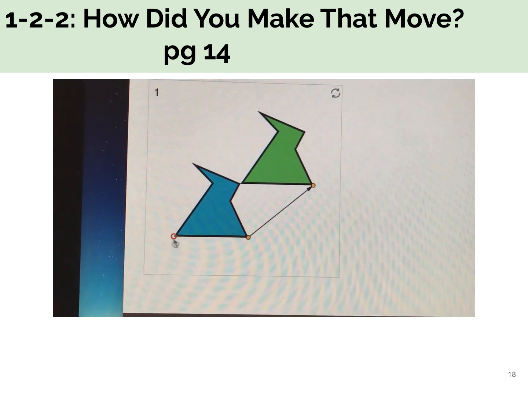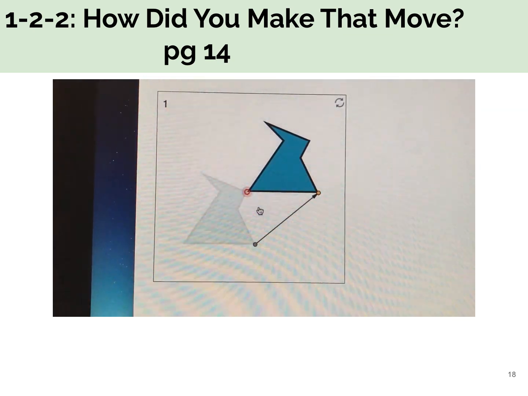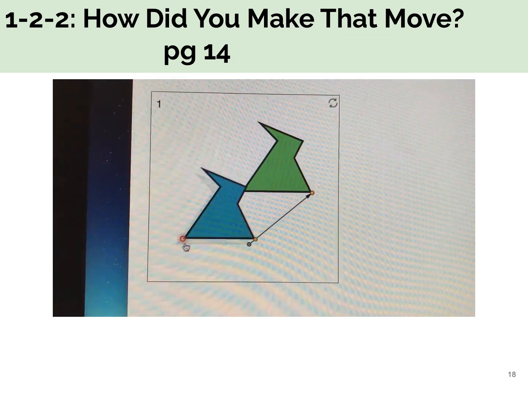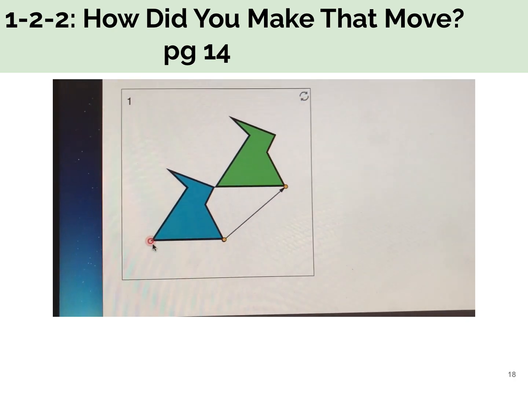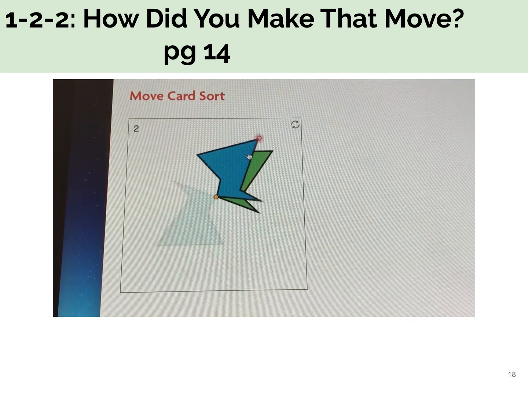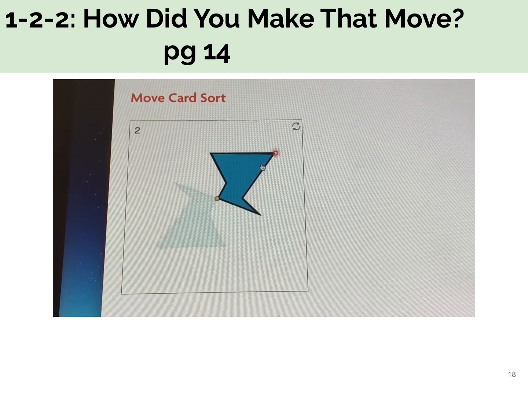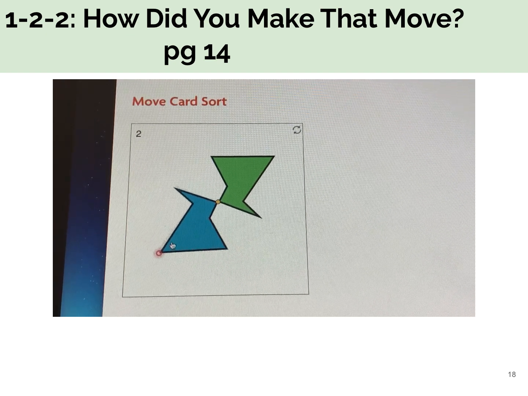So this is considered a translation. Notice how it slides to the right, and then it slides to the left. This is what is considered a translation. This is considered a rotation. Notice how it rotates clockwise or to the right. Notice how it rotates counterclockwise to the left.